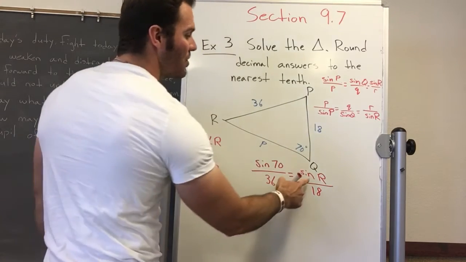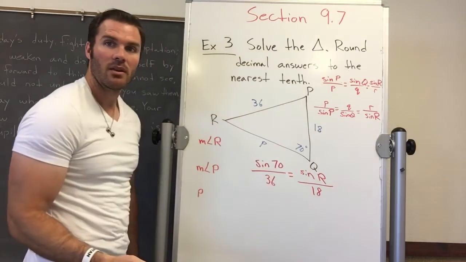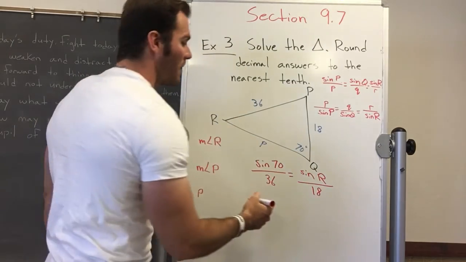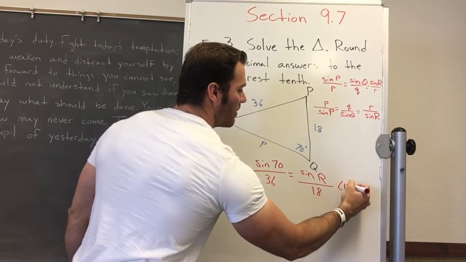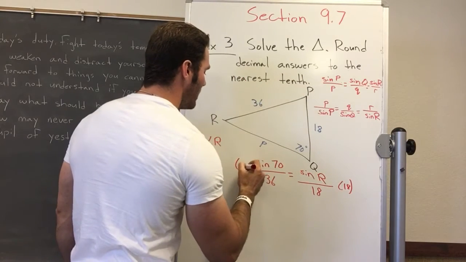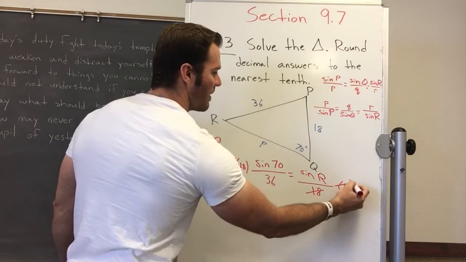Now all we need to do is solve for the measure of angle R. So I'm going to multiply both sides by 18. That will get rid of this 18 there.